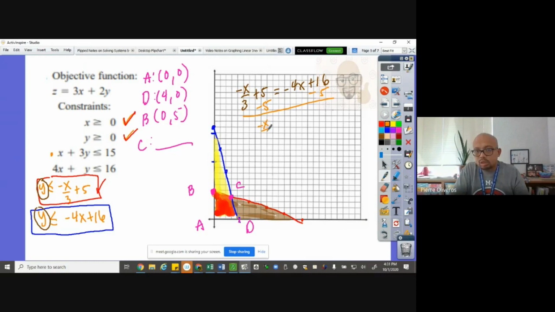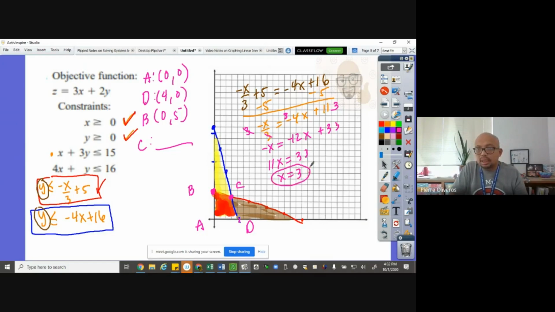That will give me negative x over 3 is equal to negative 4x plus 11. Then I'm going to multiply everything by 3. Negative x equals negative 12x plus 33. Then I move the negative 12x to the left, making this 11x equal to 33. So therefore, x equals 3.